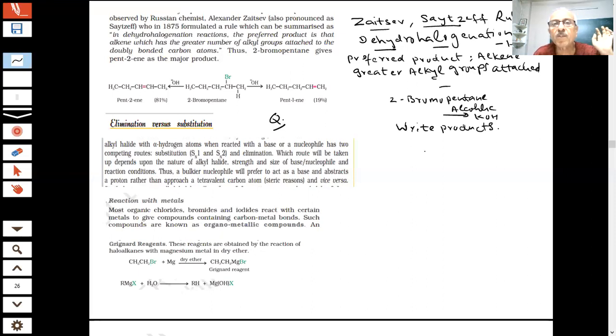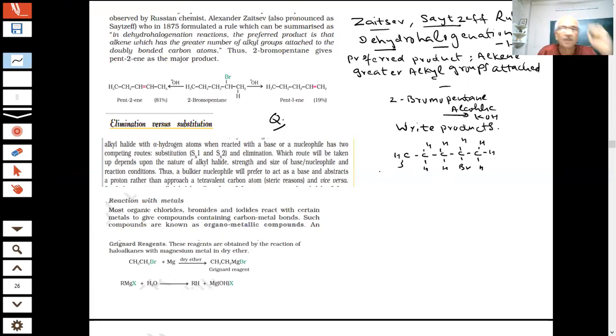First, we should be able to write the structure of 2-bromopentane. What is 2-bromopentane? 1, 2, 3, 4, 5 carbons. And I can say you have Br, you have H, H, H, H, H, H, H, H, and that will put CH3.